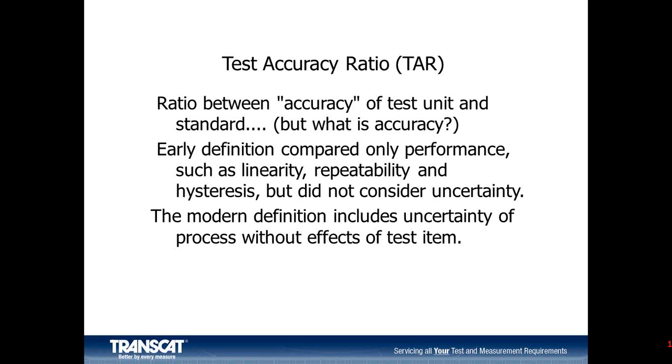And that's what we try to do with this accuracy ratio business: if you have a high enough ratio between the rating of the test instrument and the uncertainty in the standard, then the rating of the test instrument becomes an adequate representation of the uncertainty in the calibration of that test instrument. So it's often used as a shortcut to the uncertainty process, but that's really not the intent.